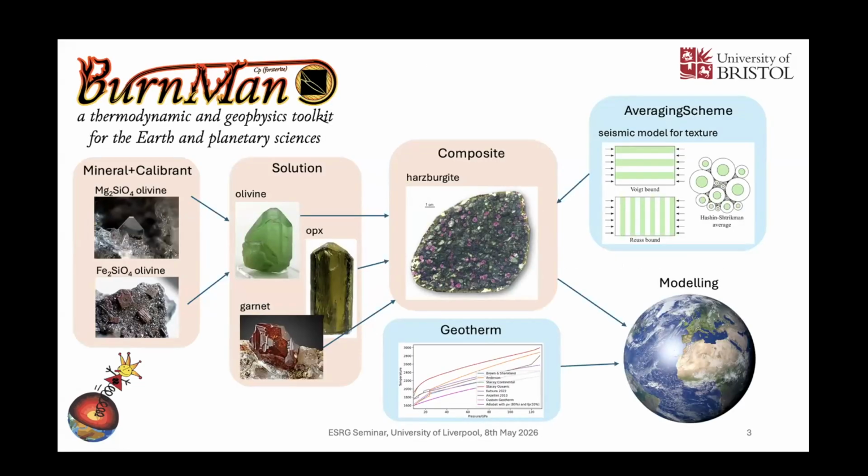The general structure of BurnMan as a Python toolkit is essentially a series of different Python classes that all fit together to be able to build up in a modular way how we understand the physics of thermodynamic and geodynamic systems. So we start from the very simplest level with a bunch of mineralogical endmembers.